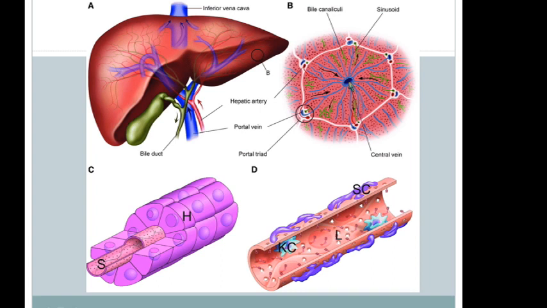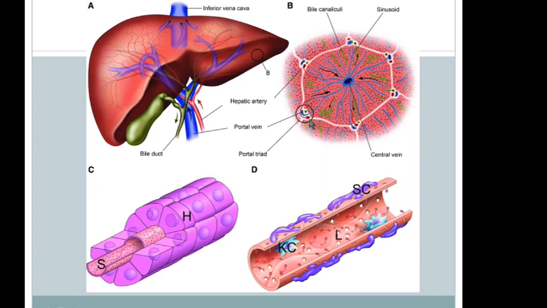Here in this diagram you can appreciate the cross section of the liver. The blue one is the vein, the red one is the artery, and the green one is the bile duct. This is the central vein, which is present in the center of the lobule, and rows of hepatocytes run from the central vein towards the portal triad.